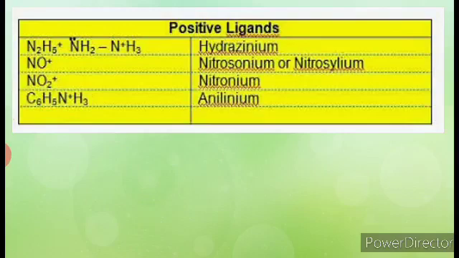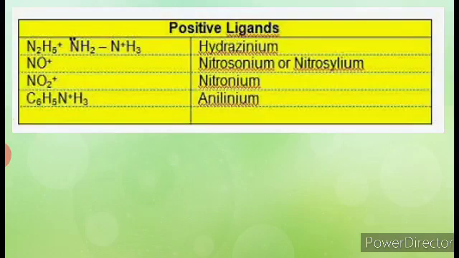Nitrogen has 1 lone pair of electrons in aniline, which is donated to the H+ ion by forming a coordinate covalent bond, and that's why electron deficiency is generated around the nitrogen atom, and it bears 1 positive charge. So these are the 4 monodentate cationic ligands. We have completed the discussion about the first category of ligand, the monodentate ligand, having only 1 donor atom or 1 donor site.